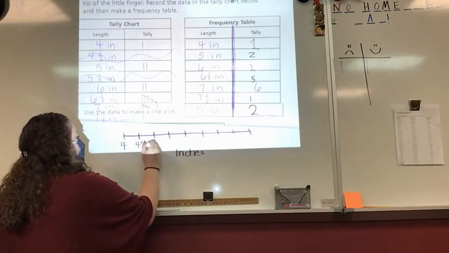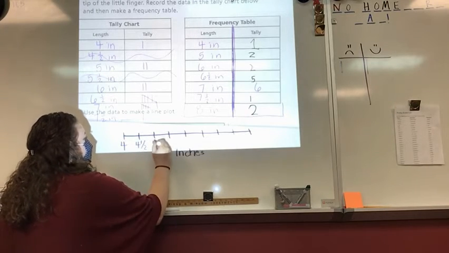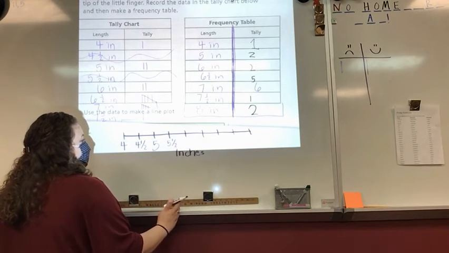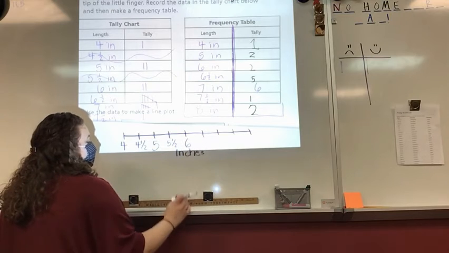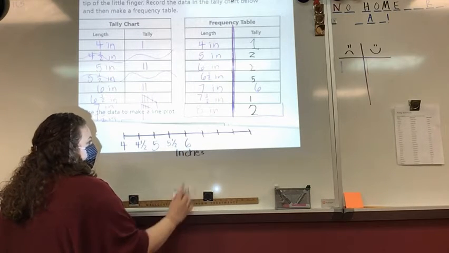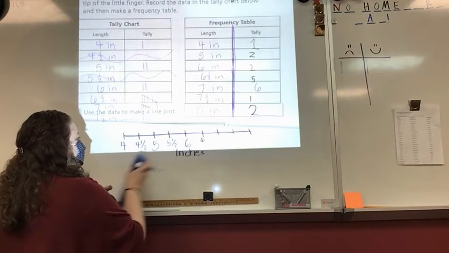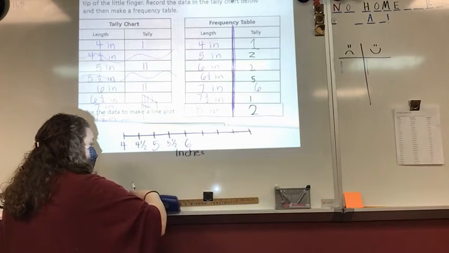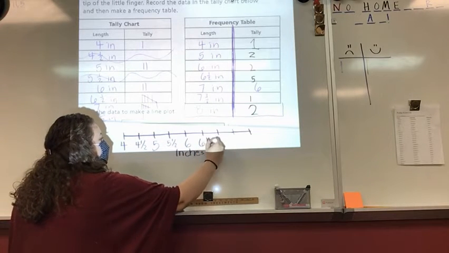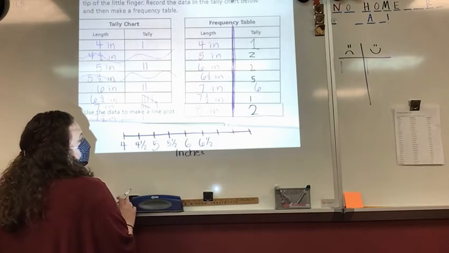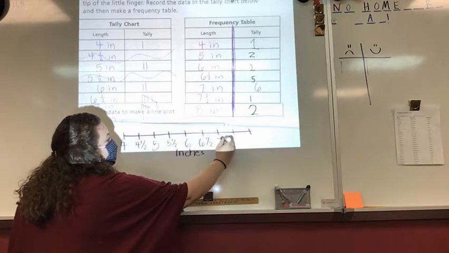4.5. What comes next? 5. 5.5. Then we're going to do 6. What comes after 6? 6.5. I'm looking for someone other than Emerson to help me with my next one. What comes after 6.5? 7.